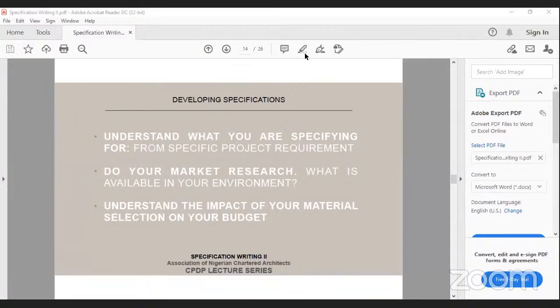Now, these specifications must be reviewed carefully to determine whether they have biases or whether they accurately state the necessary information. I'll give you an instance.